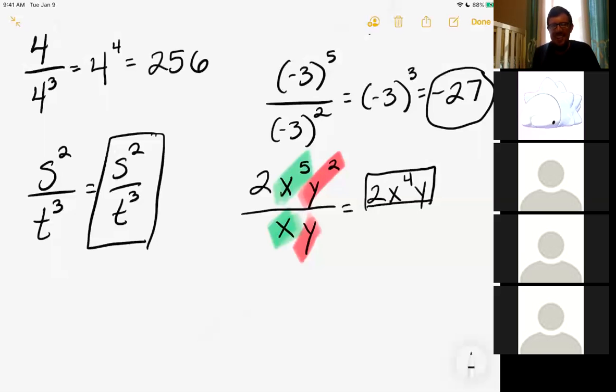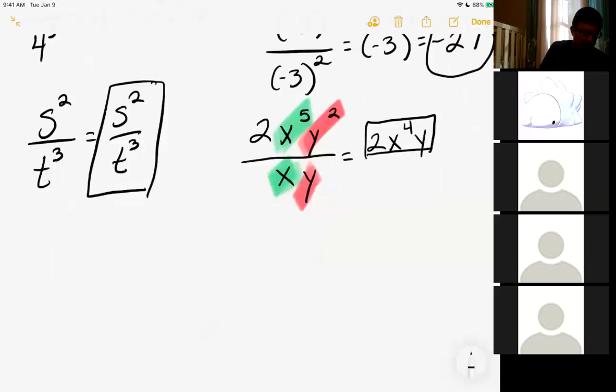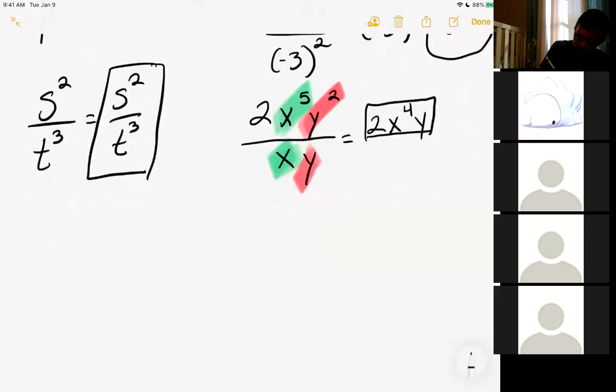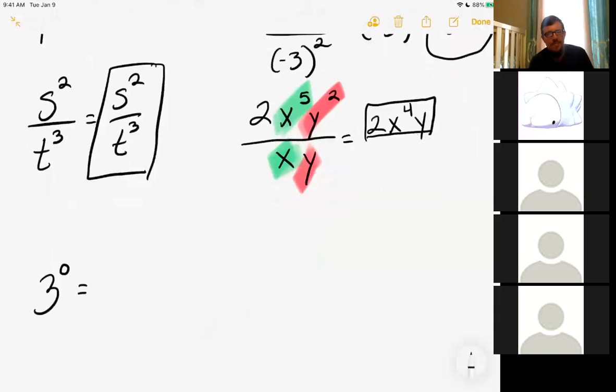Okay. Let me ask you a trick question. What's that? Zero? Three? It's a really common and a really good guess. Question is, based on what you just learned about the quotient property, what would it take for you to have an exponent of 0?